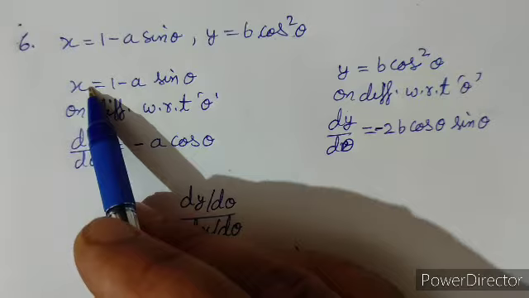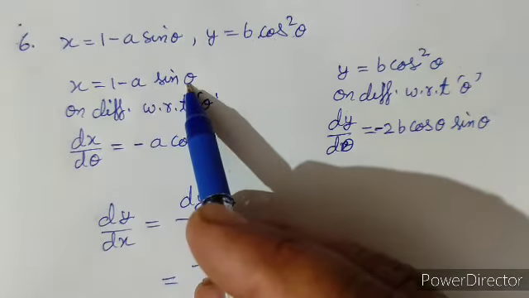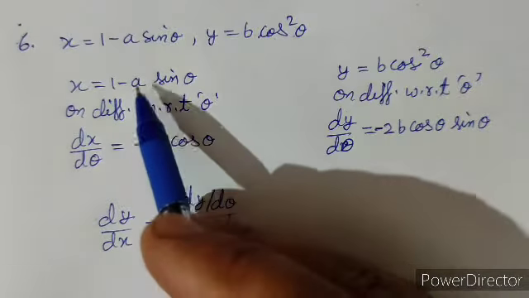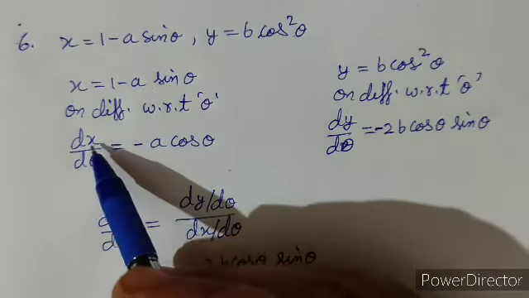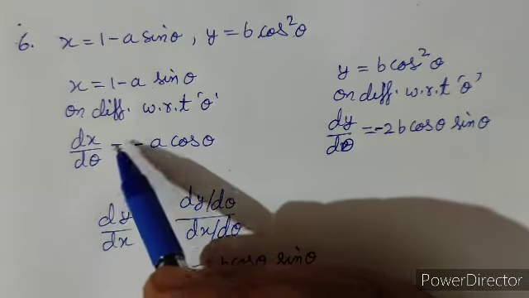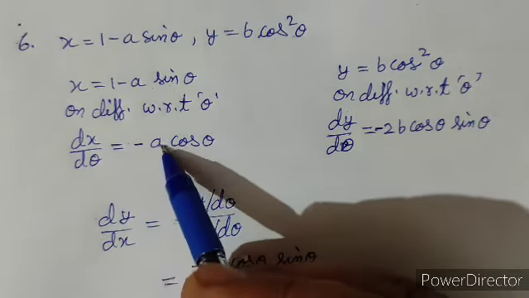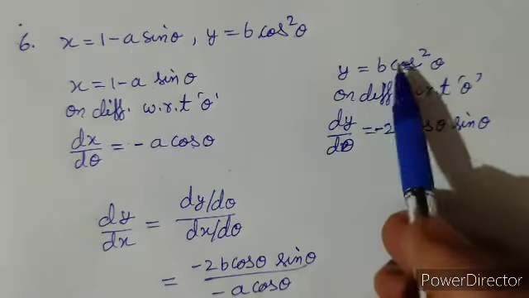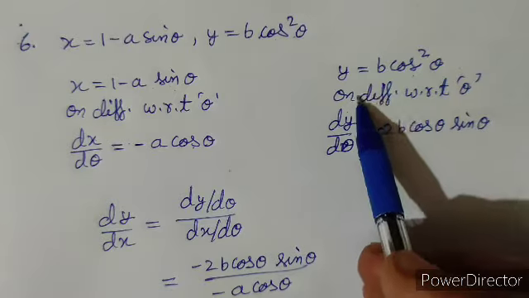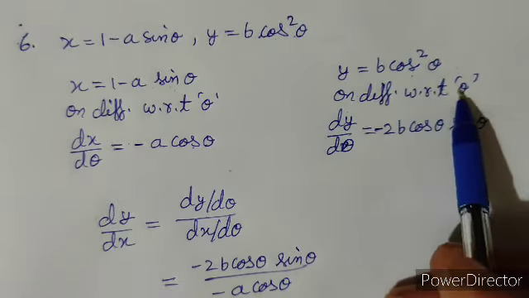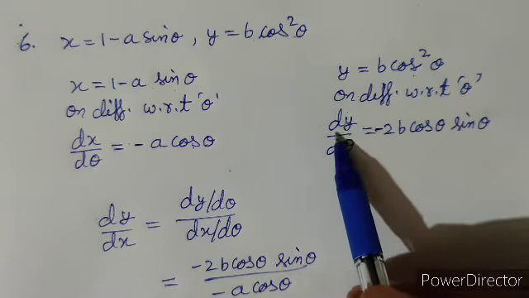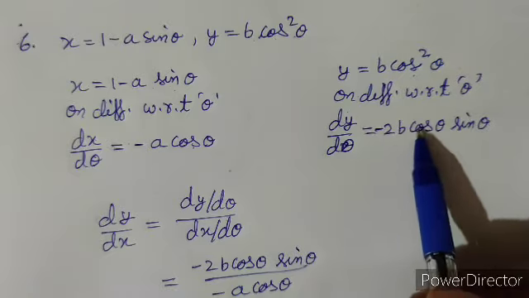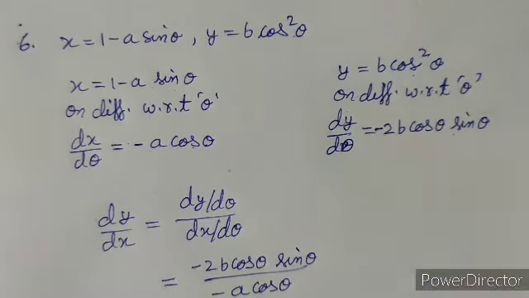Now x = 1 - a sin theta. Differentiating both sides with respect to theta, dx/d theta = -a cos theta. Now y = b cos^2 theta; differentiating with respect to theta, dy/d theta = -2b cos theta sin theta.